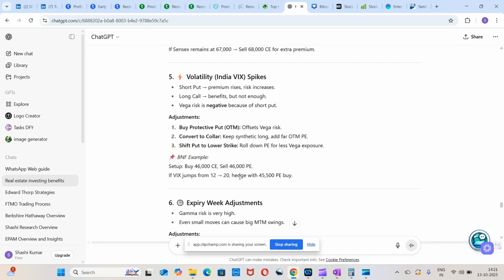In this case, you buy a protective put. OTM put we can buy to offset the Vega risk. Or you could convert into a collar, keep the synthetic long as it is, and add an OTM PE. Okay, in case of volatility spike, or shift the put to a lower strike, roll down the PE for less Vega explosion.